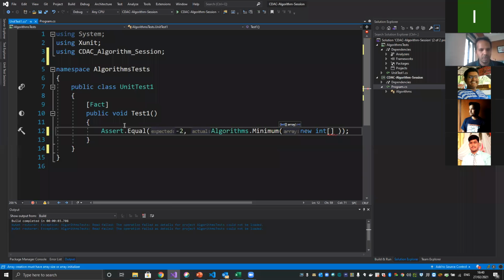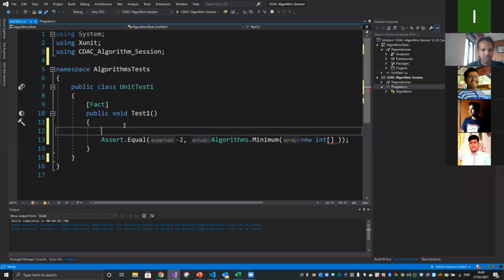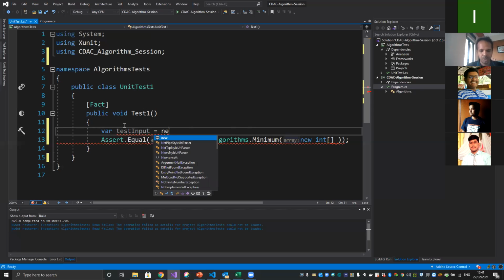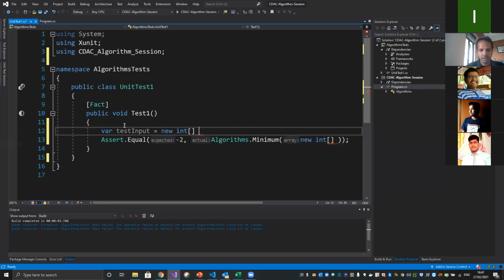So let me create var test input equals new int array. Let's say 100, 10, 5, 4, -2, 99, 0. And we provide this as an input here.